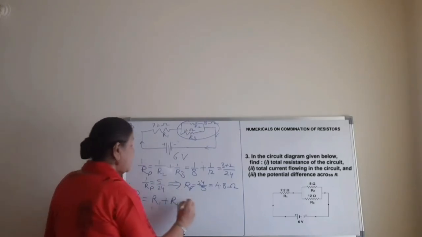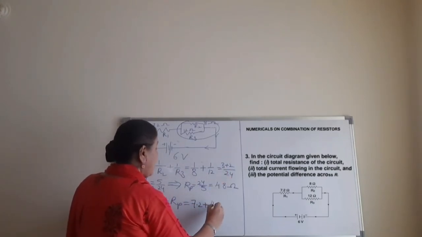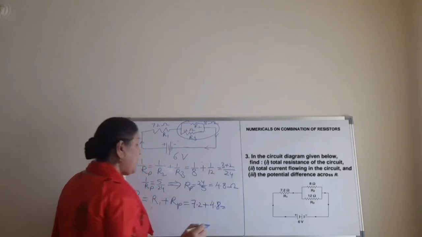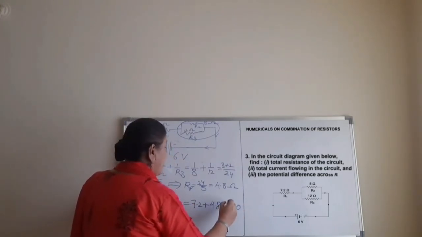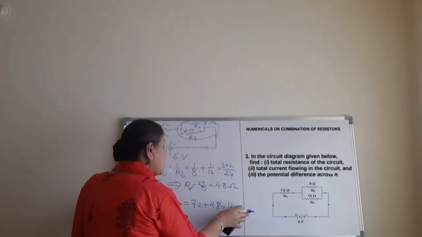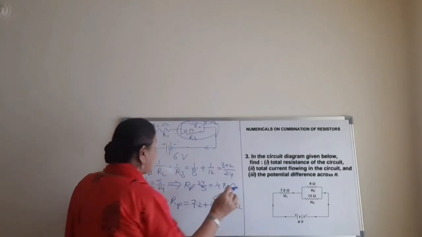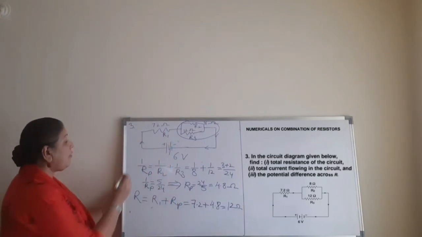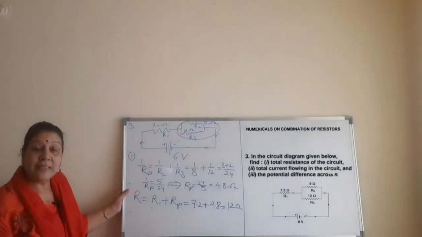R1 was 7.2 plus RP we found is 4.8. So this will be equal to 12 ohm. So the net resistance of the circuit is 12 ohm. So the total resistance is 12 ohm.